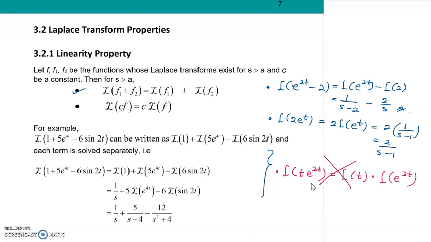You can only separate into two when you have plus or minus. If it is multiplication or division, then you cannot simply divide it into two multiplications or divisions. If you have something like t over exponent 2t, then it is not equal to the Laplace of t over Laplace of exponent 2t.